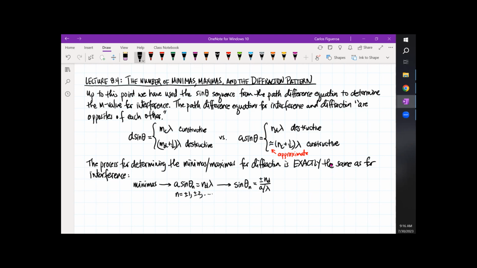In other words, the diffraction parameter. So when we start the sequence, it goes something like this. I have plus or minus a over lambda, and then I start with 1, and then I have 2. And then we keep doing this until sine of theta of n is greater than 1, and therefore it stops the sequence.